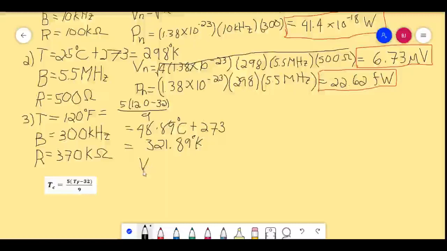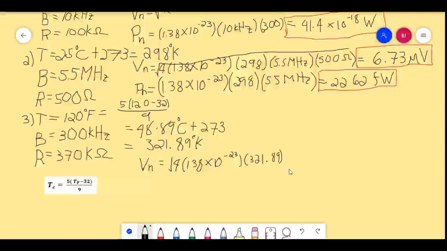So we have Vn is equal to, so it's always 4. And k, which is constant, 1.38 times 10 to the negative 23. So temperature is 321.89 in Kelvin.